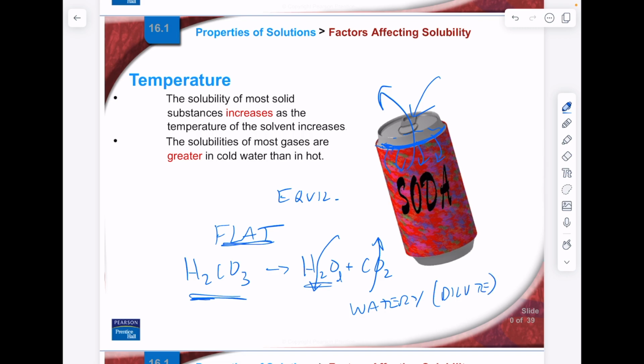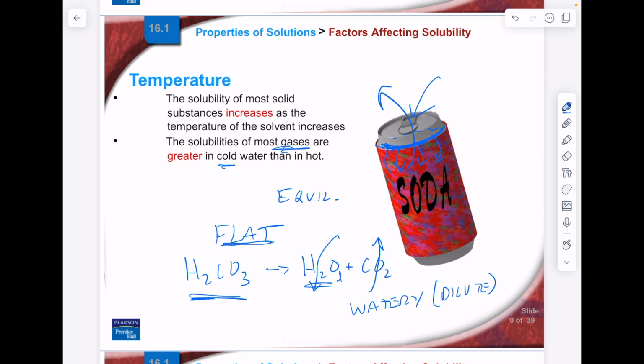In other words, it tastes a little bit more dilute because you have added a little bit of water to that soda. So the more pressure, the more gas you can dissolve in the soda, and more gases are going to dissolve in cold water than in warm water, because warm water means all of your solvent particles have a lot more energy, but also all of your gas particles have a lot more energy.